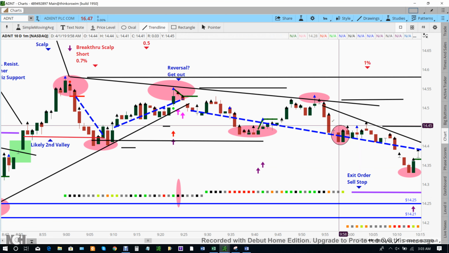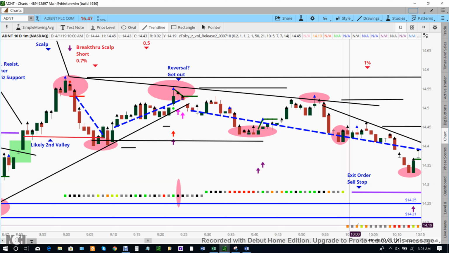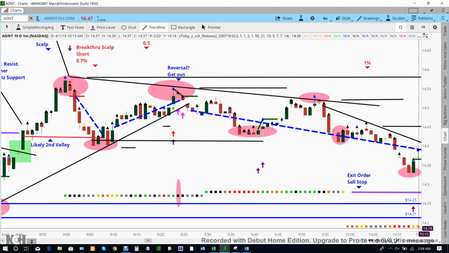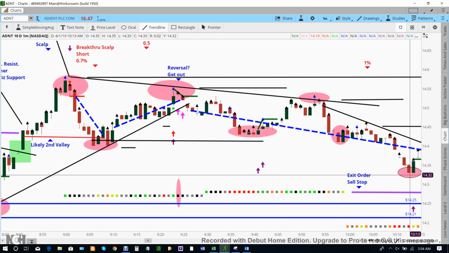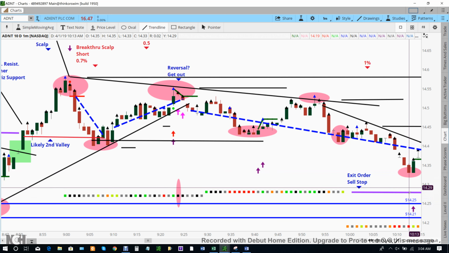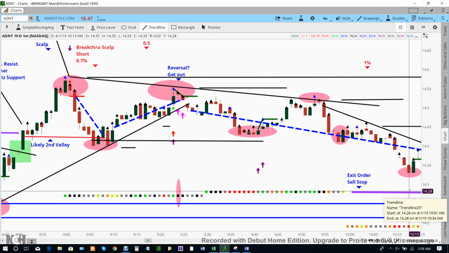So notice these two guys too. You have an orange, and the next one's an orange. So it seems like it's getting pretty close to getting down to here.